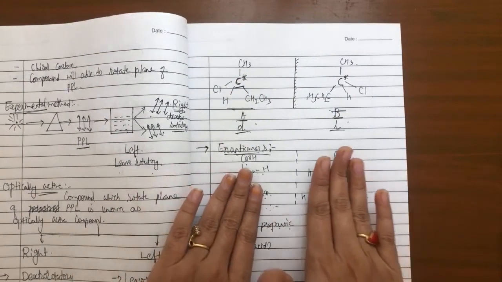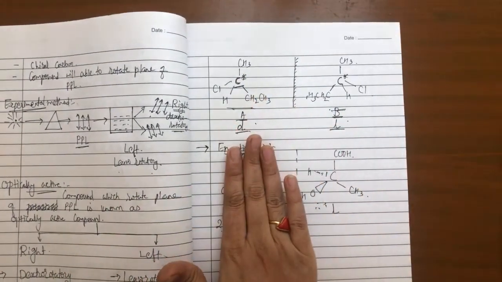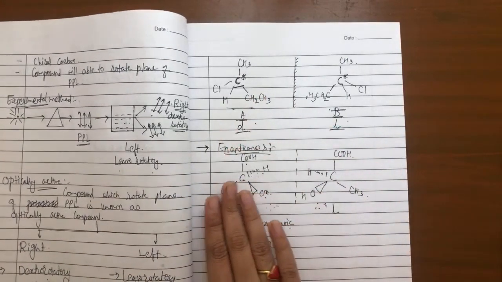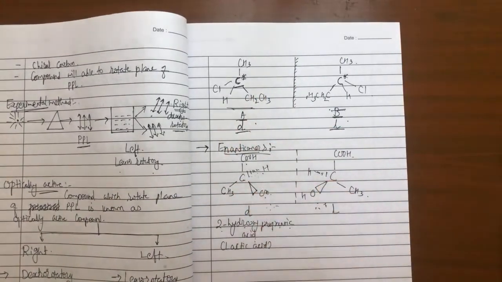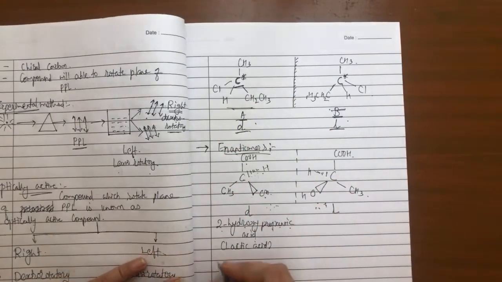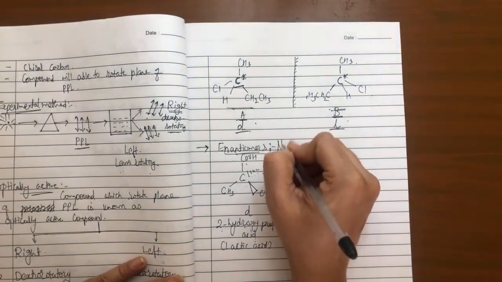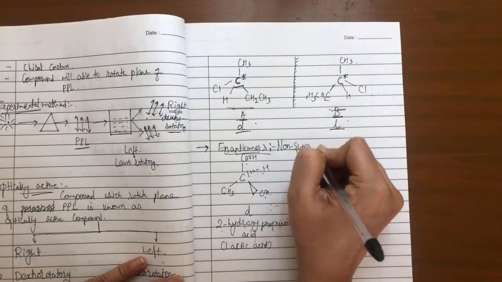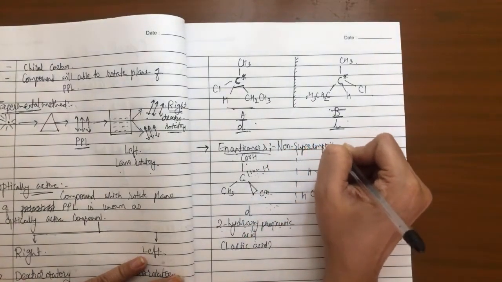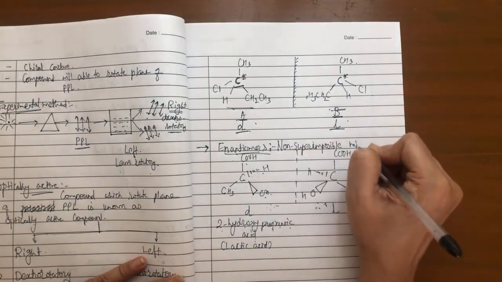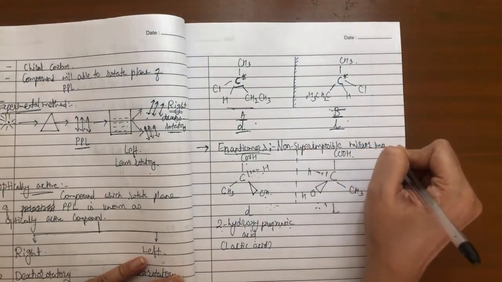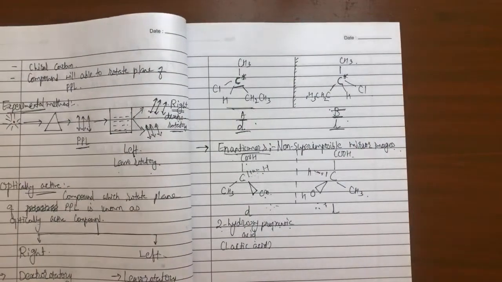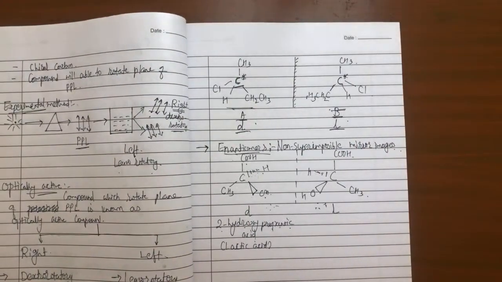If I want to superimpose the other compound on the first one, these two are also non-superimposable. So enantiomers we define as non-superimposable mirror images. These are one type of optical isomers.